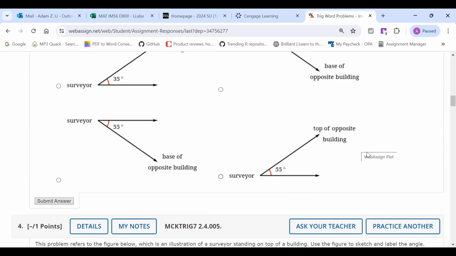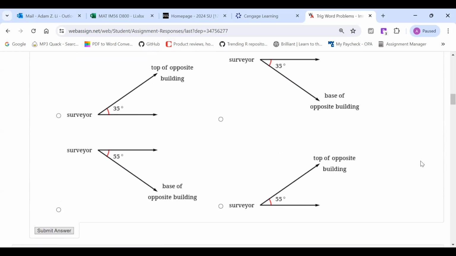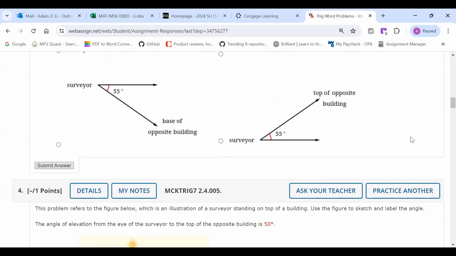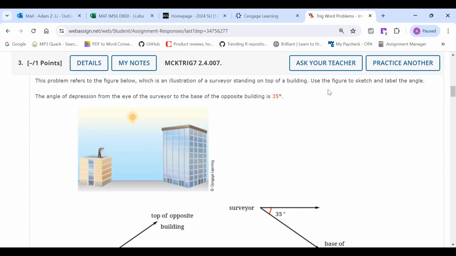So that would be the angle of depression. So this angle is 35 degrees, right?